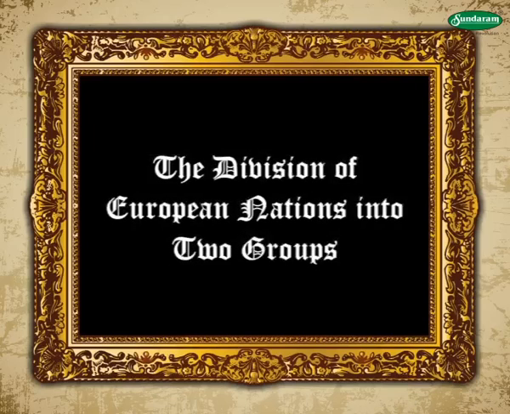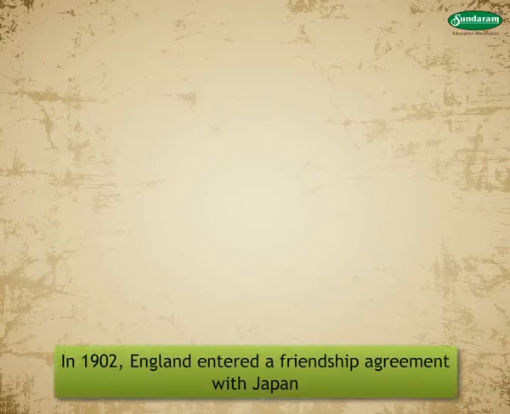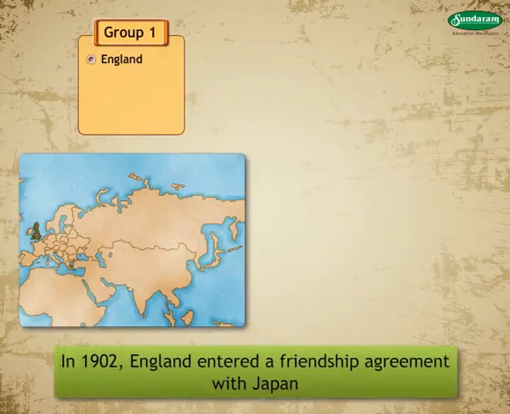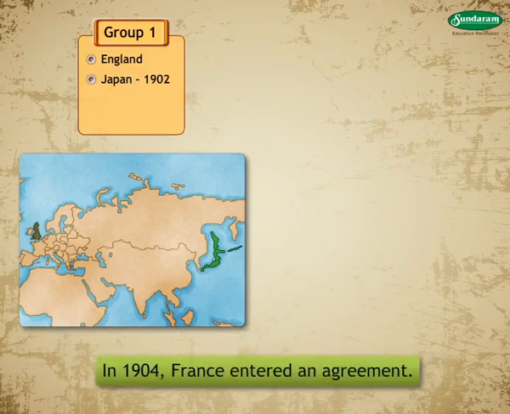The division of European nations into two groups. In 1902, England entered a friendship agreement with Japan to ensure security to its trade and colonies in Asia. In 1904, France, who was threatened by the expansive strategies of Germany, buried her enmity with England and entered an agreement.